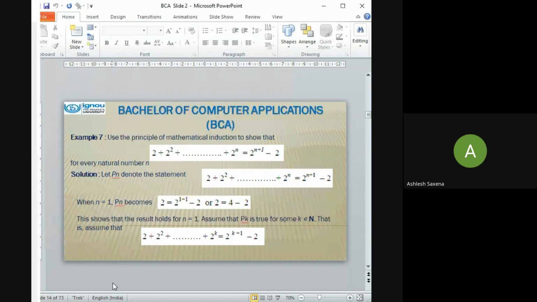Now here it comes. By the principle of mathematical induction, show that 2 plus 2 raised to the power 2 till 2 raised to the power n is equal to 2 raised to the power n plus 1 minus 2.